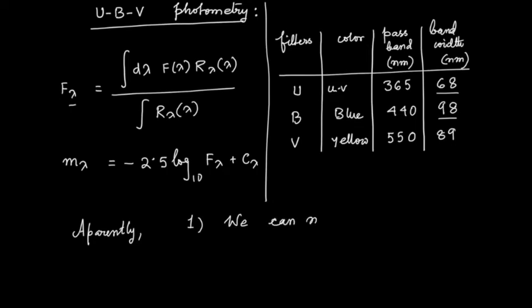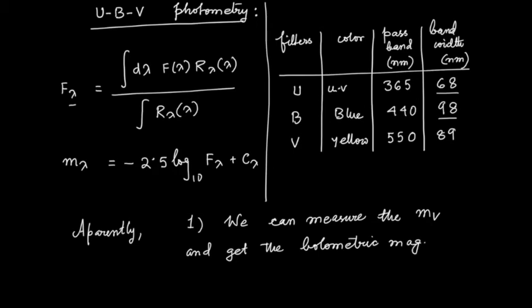If we look at a star, we can measure the bolometric flux, or we can measure MV, the V band magnitude, and then if I know the V band magnitude, I know for a given blackbody, given the flux in the V band, what will be the total flux, and get the total flux, get the bolometric magnitude or flux, it is the same, right?